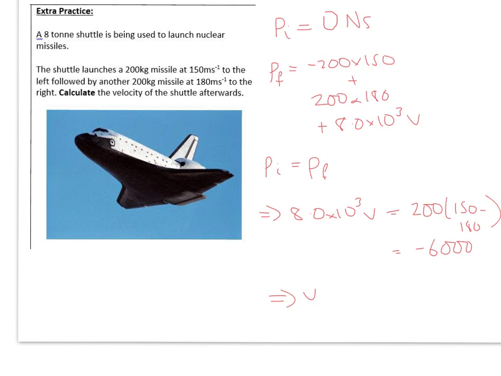So we can calculate V is going to be minus 6,000 divided by 8,000. 6,000 divided by 8, that's going to be 3/4. So that's going to be minus 0.75 meters per second. So that's going to be 0.75 to the left, essentially, once you've calculated it. And that concludes the questions I'm going to look at in this video.